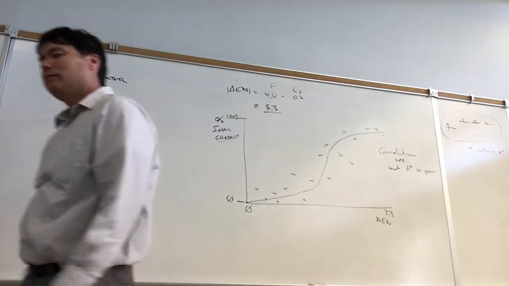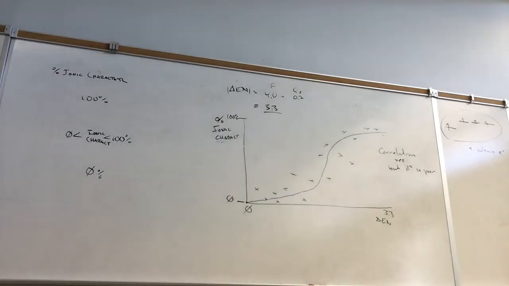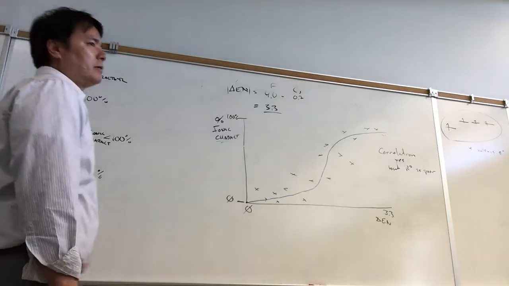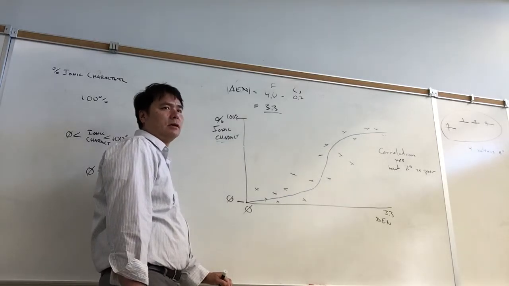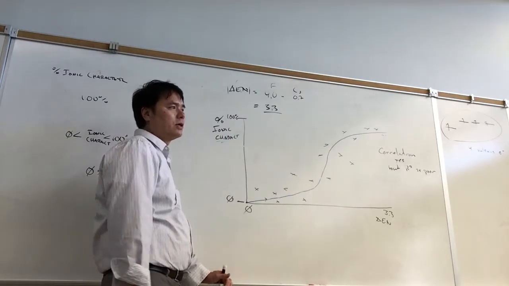And so there must be other factors, other things going on than just the percent ionic character and delta EN. And there is. With the difference in electronegativity, there are better scales. For example, this is Pauling's, but there are more accurate scales. Pauling's is kind of the basic electronegativity scale.